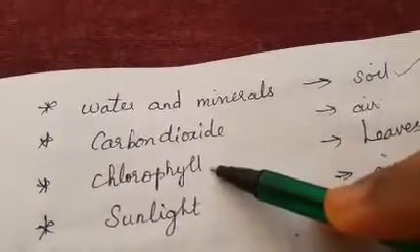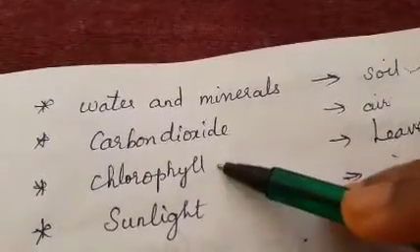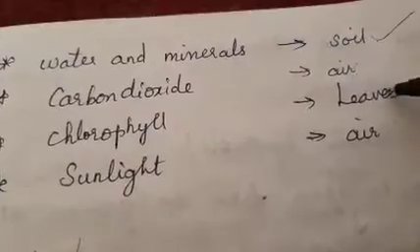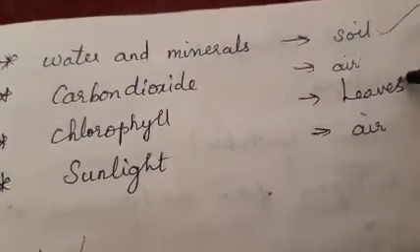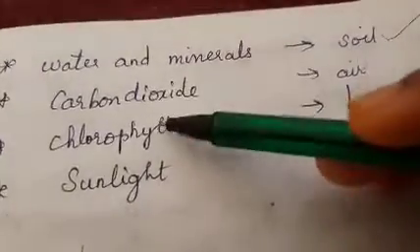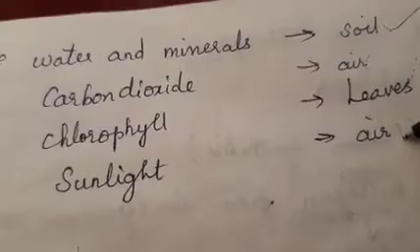What is this chlorophyll? Chlorophyll is nothing but a green pigment present in the leaves of the plant. All the plant's leaves will definitely contain chlorophyll. And sunlight is obtained as a natural resource for us, present during the daytime.